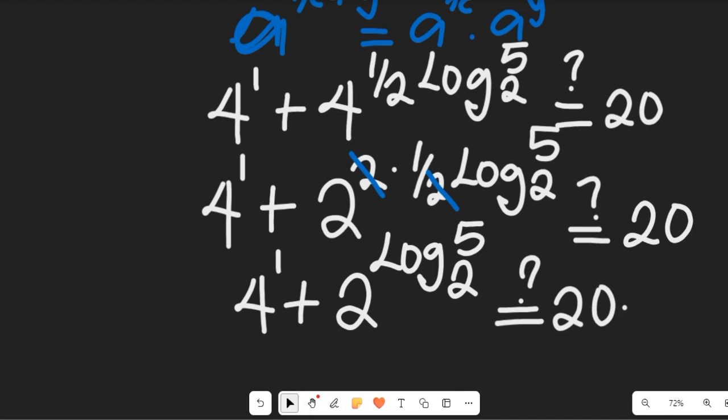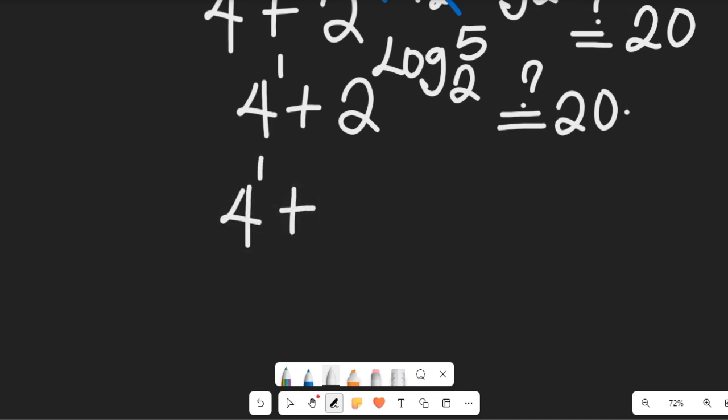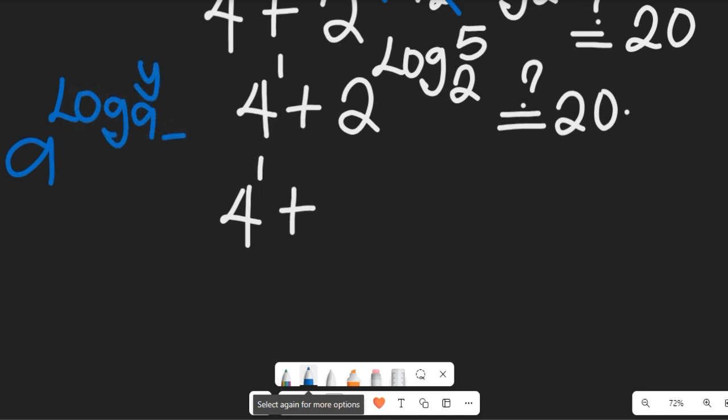If you have the eye of a mathematician, you should be seeing the result. This is going to give us 4 to the power of 1 times, remember the law of logarithm: if I have a to the power of log of y base a, this simply gives me y.